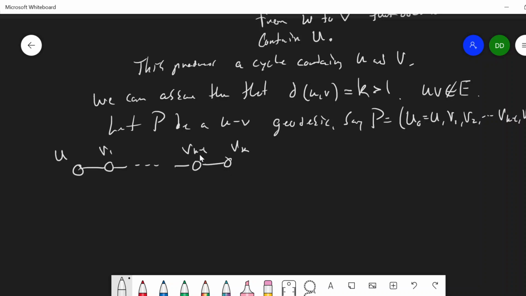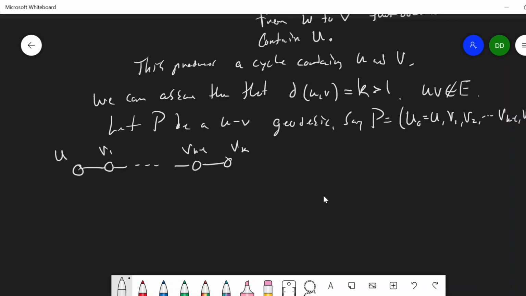Now, of course, that's going to be hard to do, to find a path between U and Vk that doesn't use any of these vertices. And so we have to be a little bit clever about this. We're going to have to use a lot of tools. So this actually turns out to be quite a fun proof. I really like this proof a lot, and hopefully you'll see why.